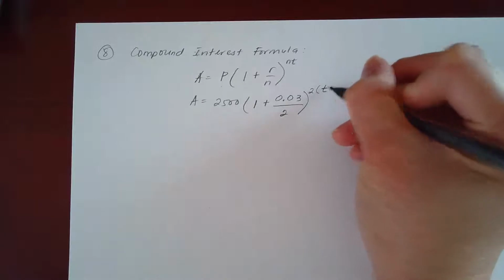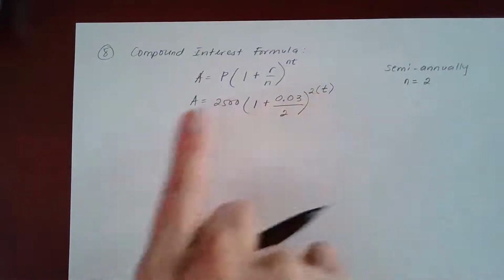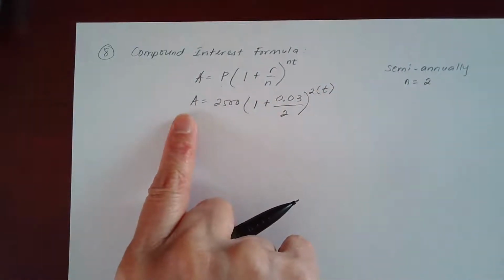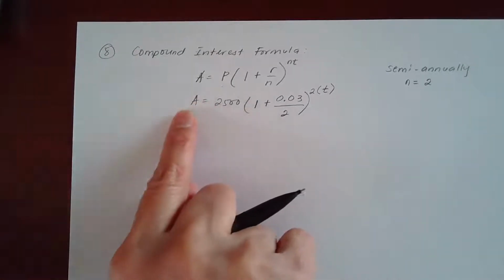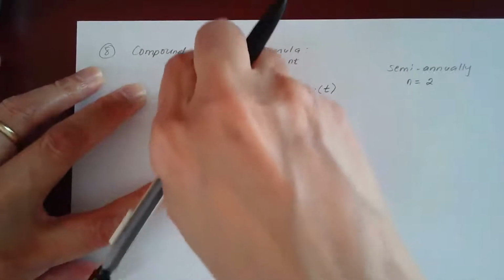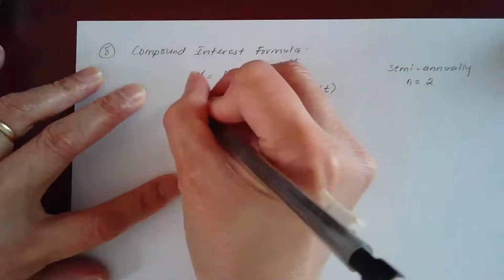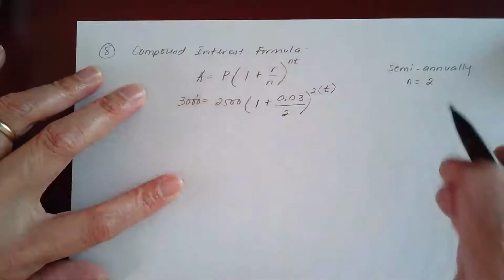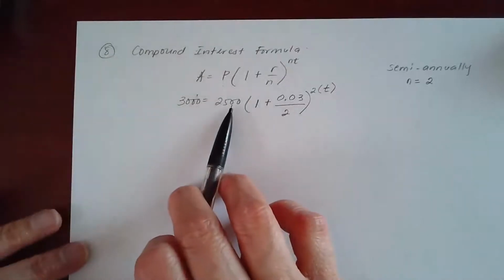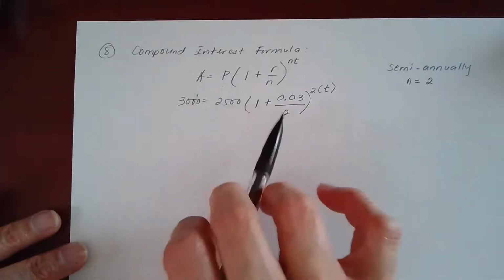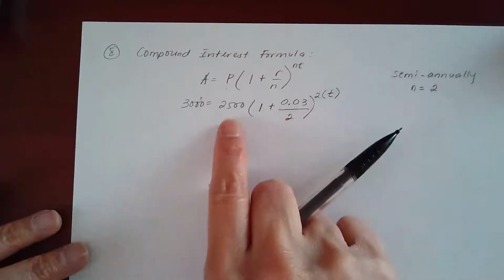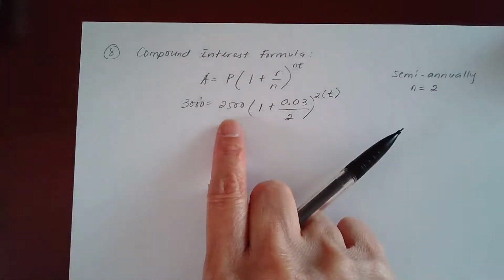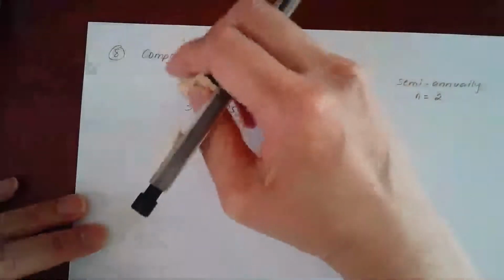How long will it take? We're actually looking for time, for this amount to become 3,000. So the A is 3,000. They're telling us a story here. This is what we put in, and if we leave it for so many years, the 2,500 will grow with interest and become 3,000.